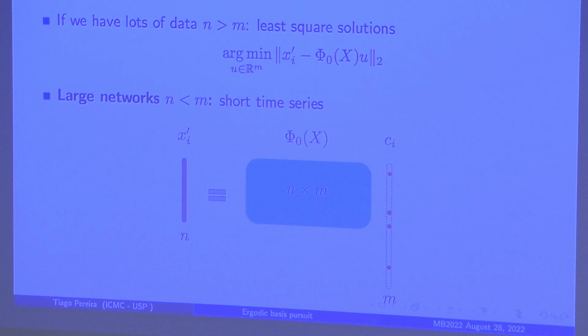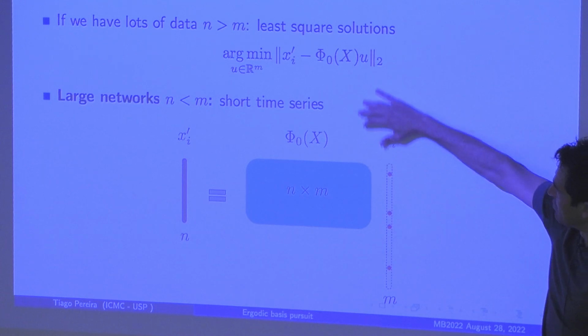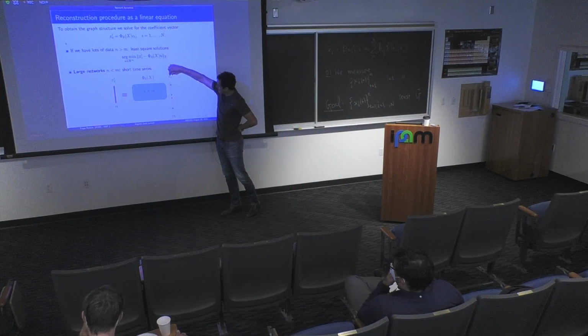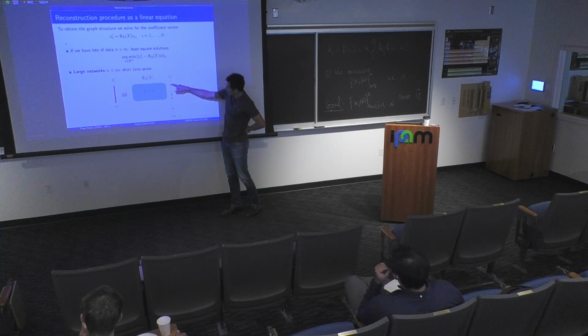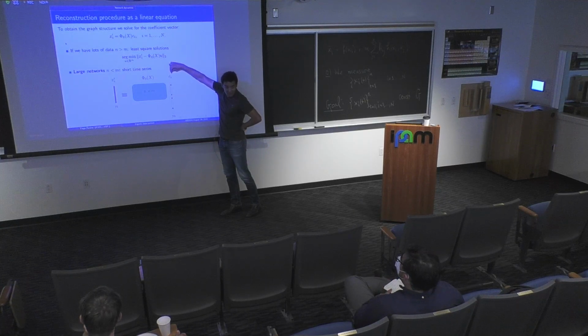What people discovered back in the 2000s is that in this situation, let's say you knew the solution was sparse, so only a few entries of this vector c are non-zero. If you try to do least squares, you find a vector c solving this equation which is actually not sparse at all.